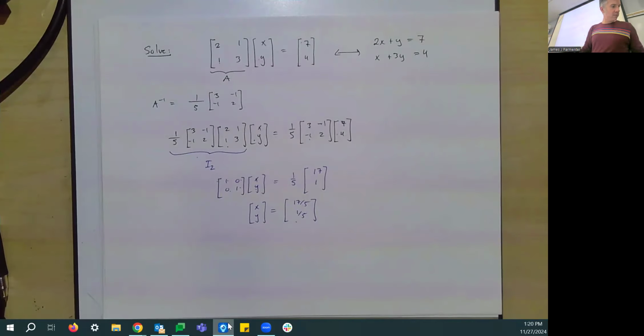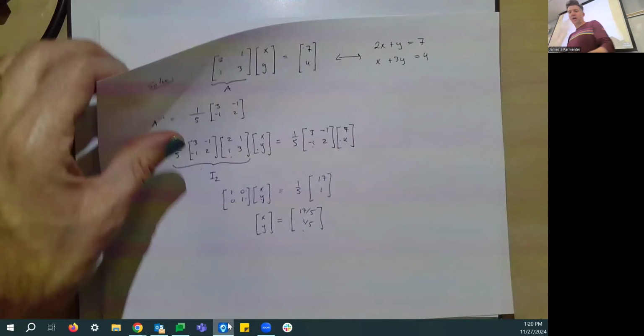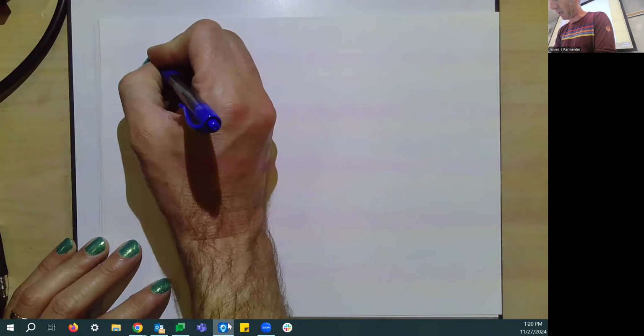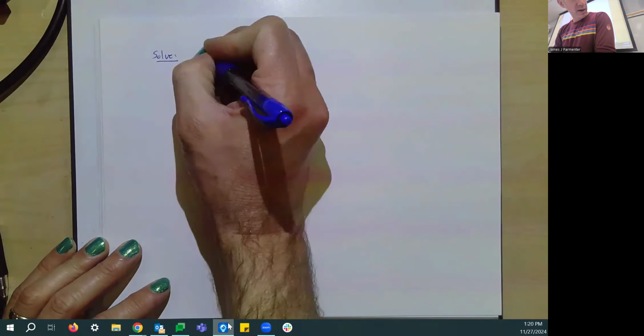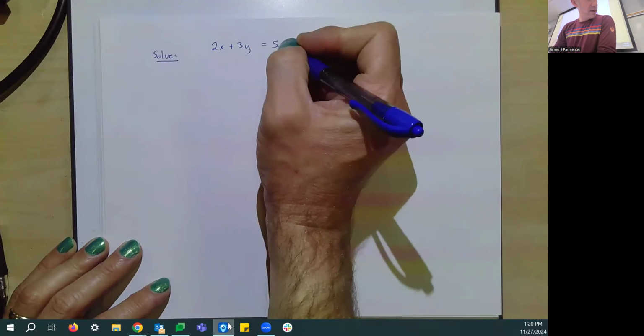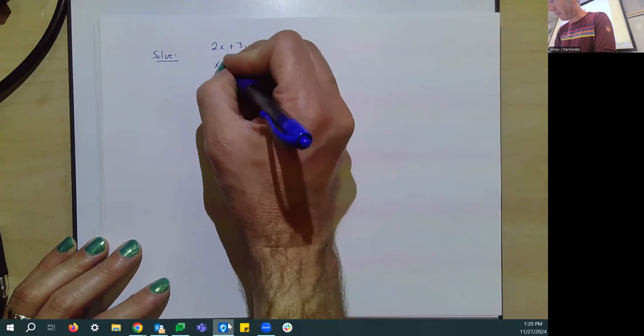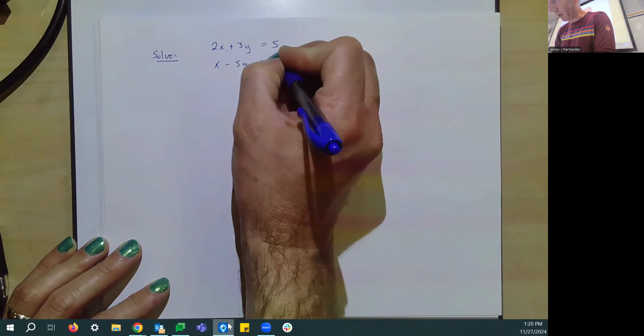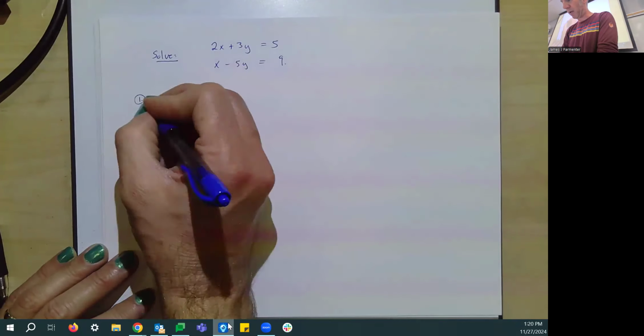You all should do one. You all should solve the system. To solve the system, we have 2x plus 3y equal to 5 and x minus 5y equal to 9. So first, write it as a matrix equation.